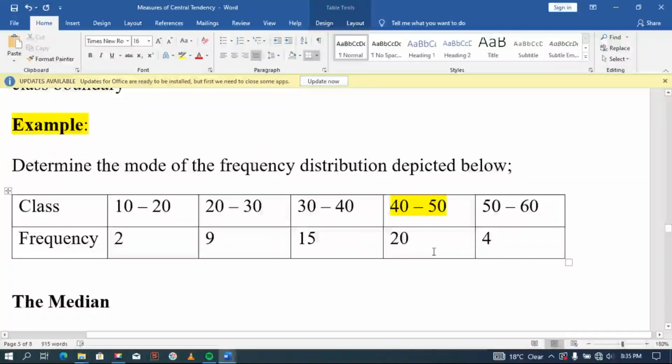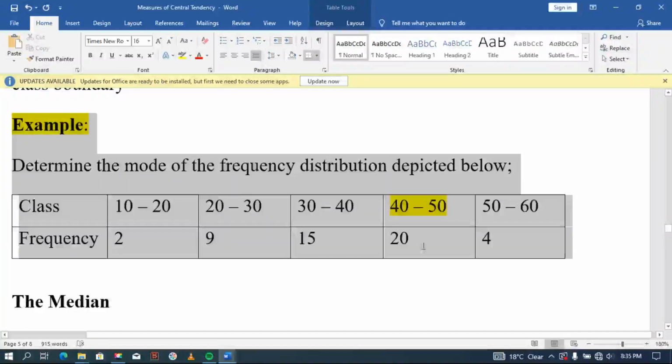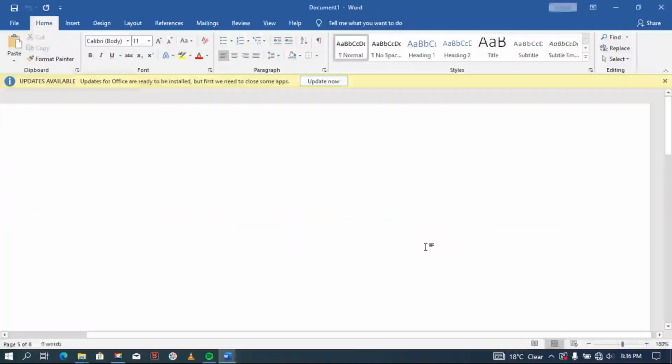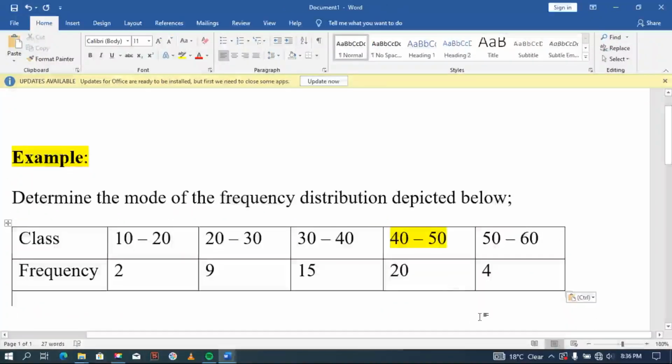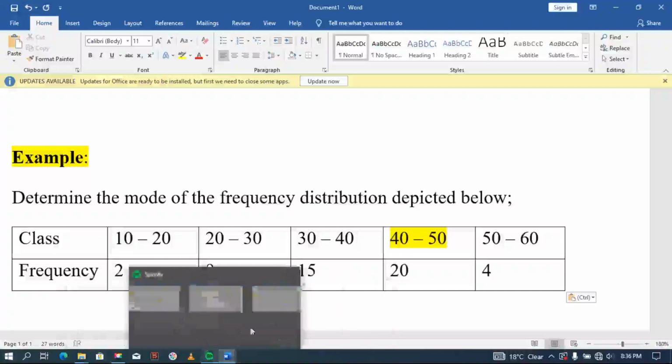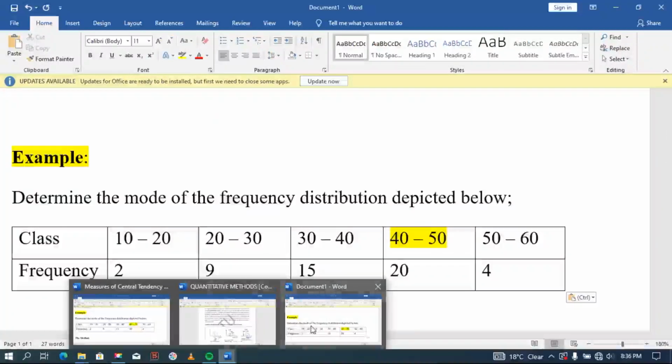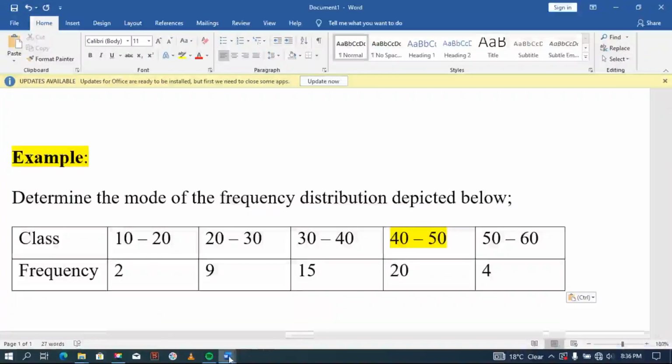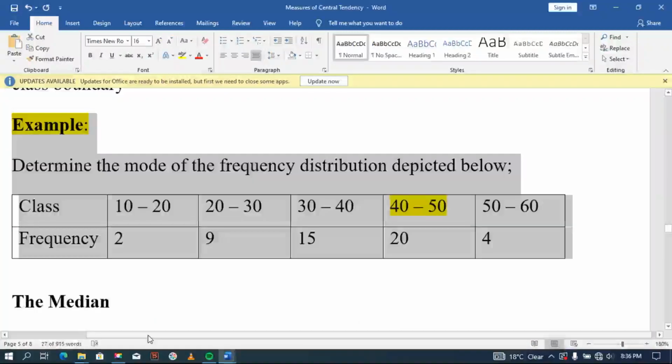So now let's move on to see how we can compute the mode of this data. You can copy our formula.